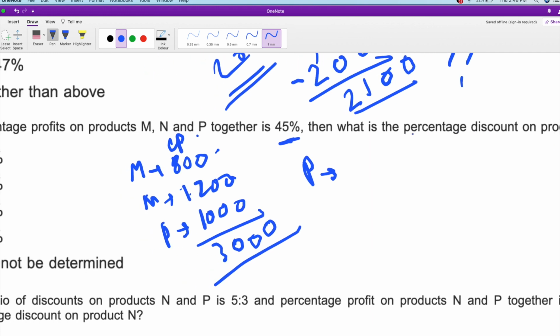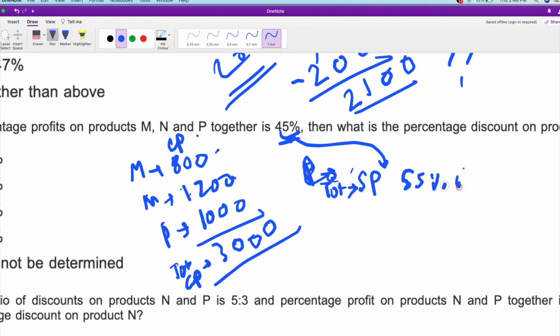With the discount you can find out the total selling price. Here you have the total cost price, and from here you can find the total selling price. How? Just subtract this part, which is 55. So 55% of 3000 is your total selling price.